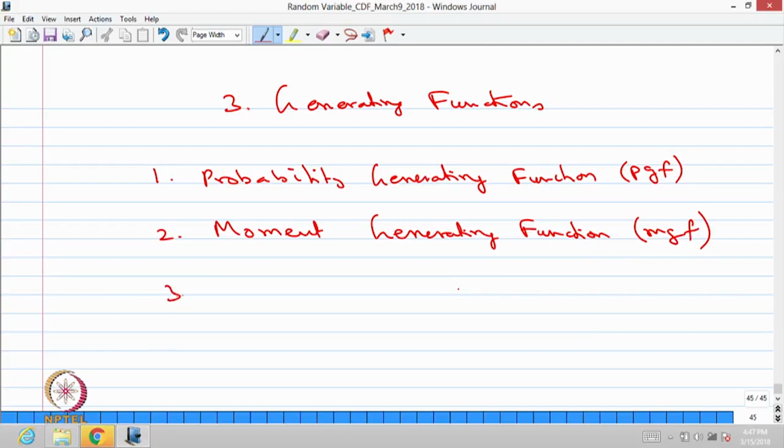The third, we are going to discuss characteristic function. This is also generating function. So, let us start with the first one, probability generating function.